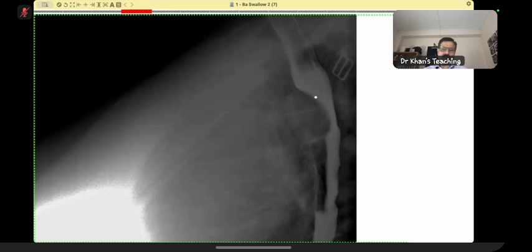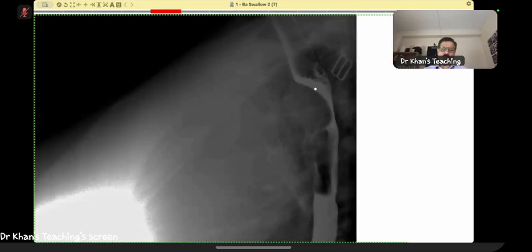We can see that the mass is here. It is causing luminal narrowing. However, there is no holdup, and the mucosa is very smooth. There is no destruction of mucosa, in keeping with a benign lesion.